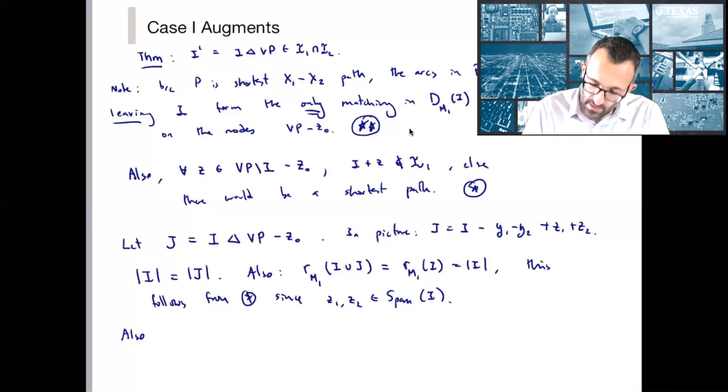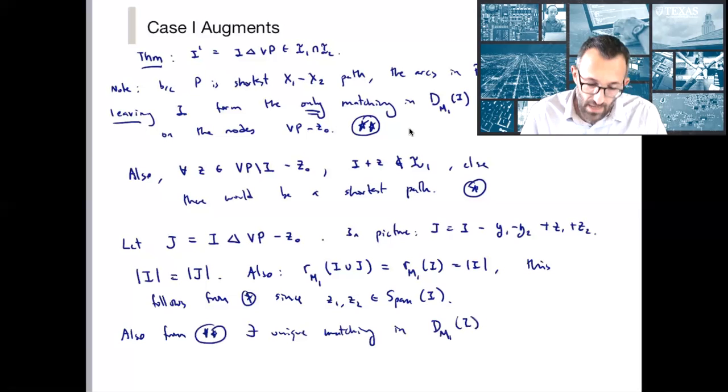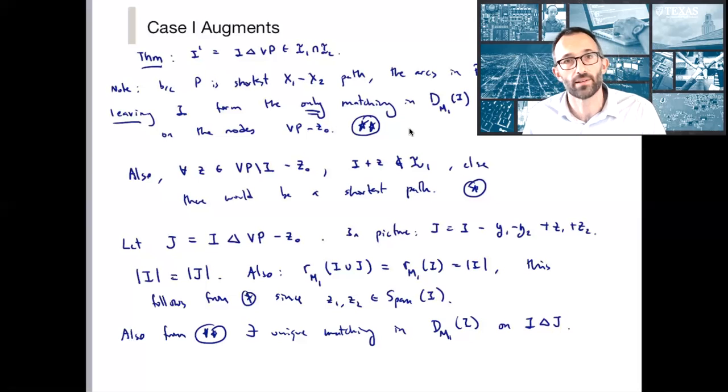Now we're going to use the property star star, and that's just saying that there's a unique matching. So from star star, we know that there exists a unique matching in dm1 of I in this directed graph on the symmetric difference between I and J. And now finally, we have satisfied all of the assumptions of the second corollary in the Matroid lectures, part 7.